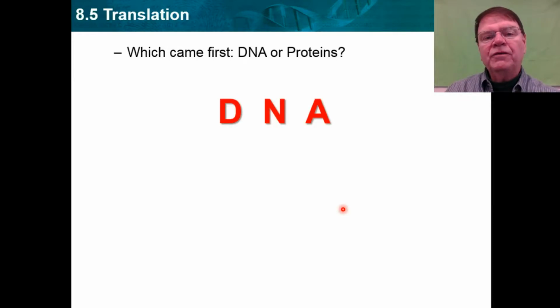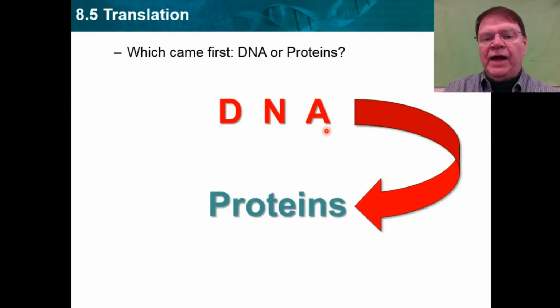Now, I want to leave you with what I think will be a very challenging question. All along with this central dogma, we've noted that DNA is what holds the specified information needed in the production of protein. And we noted that proteins must use that information if they're going to be biologically meaningful at all.